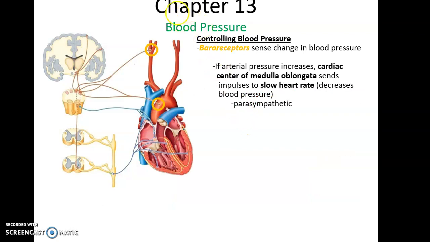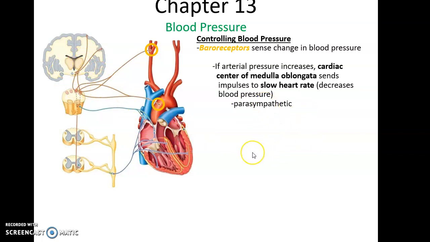There are also baroreceptors found within the larger arteries that are measuring blood pressure. And if they experience an increase in blood pressure, then that information travels to the cardiac center of the medulla oblongata. And if this pressure is not supposed to be high, then the cardiac center will send out signals to the heart to slow down the heart rate.